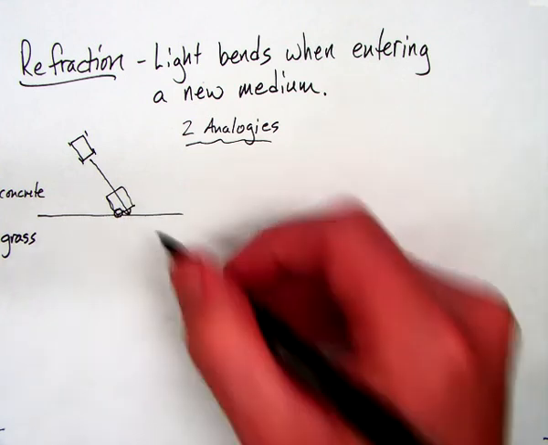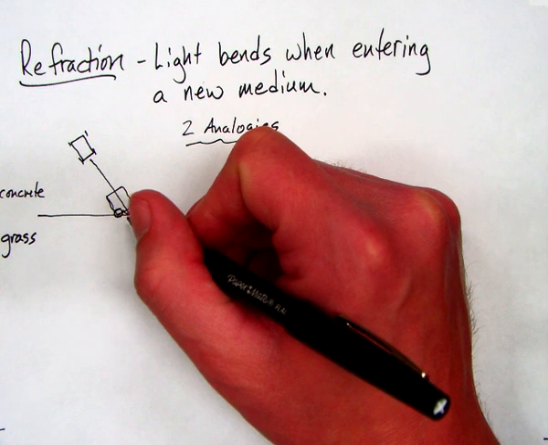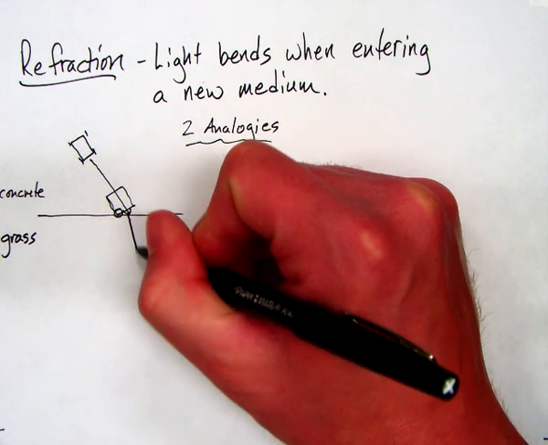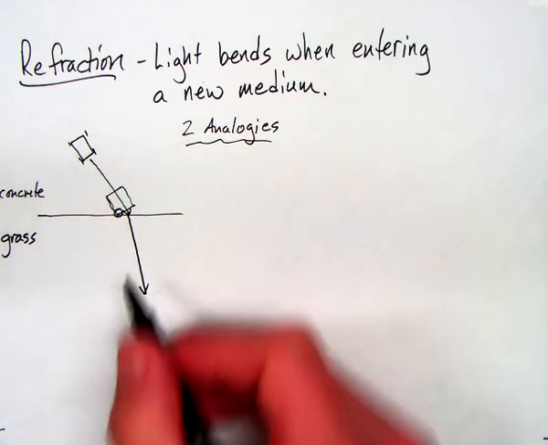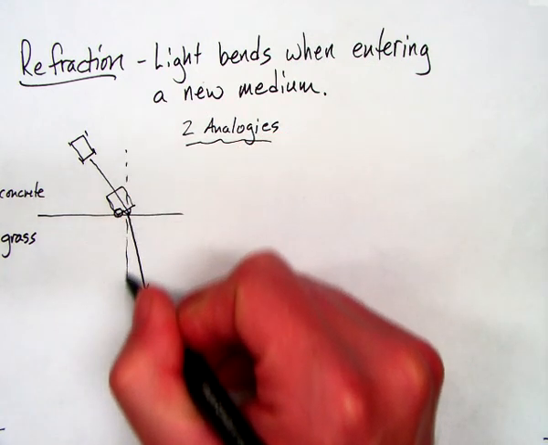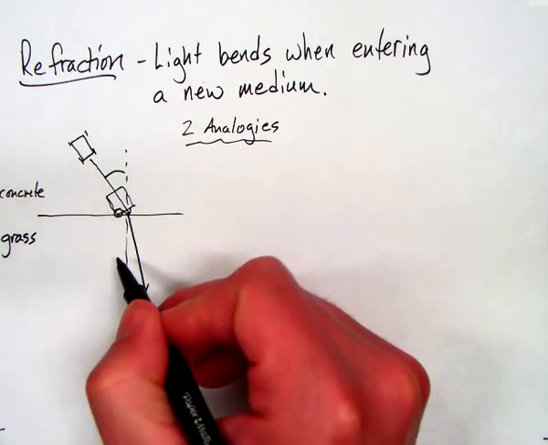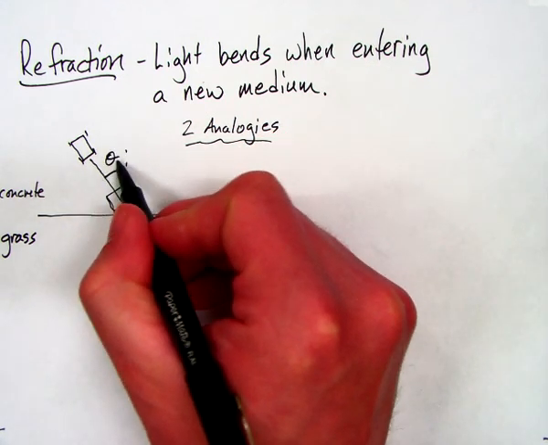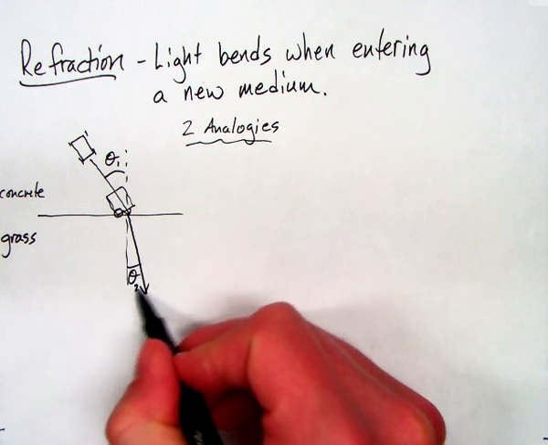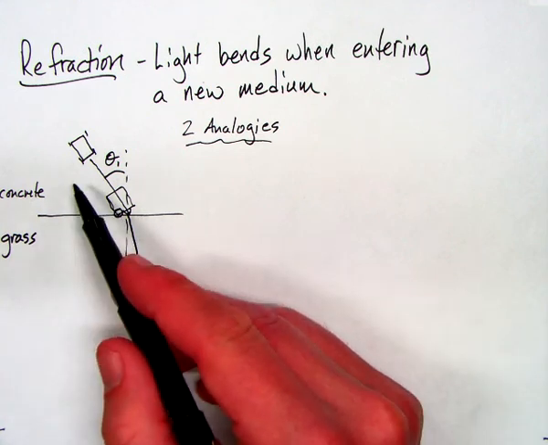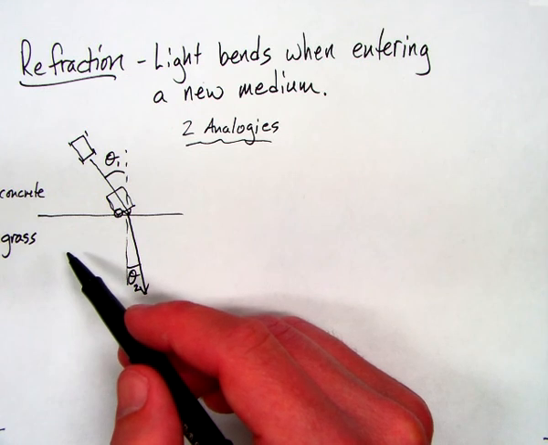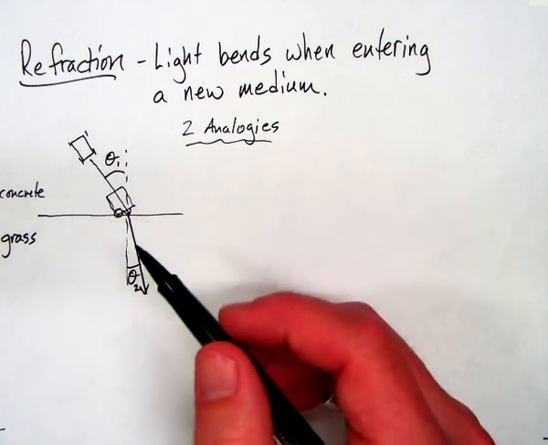And so as you move into the grass, your go-kart would tend to bend and travel off in this direction. If I draw in a normal line and I find the angle in, the angle out would be smaller than the angle in. When I'm going fast to slow, it's going to bend closer to the normal.